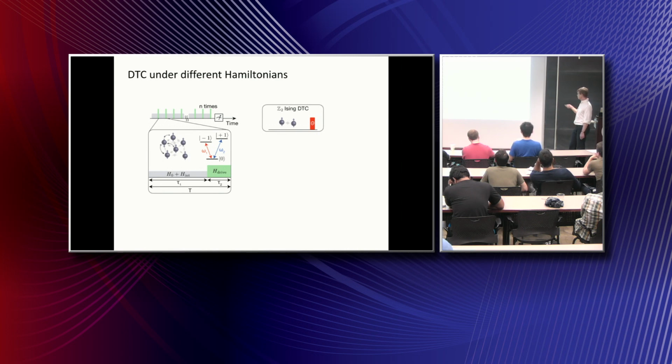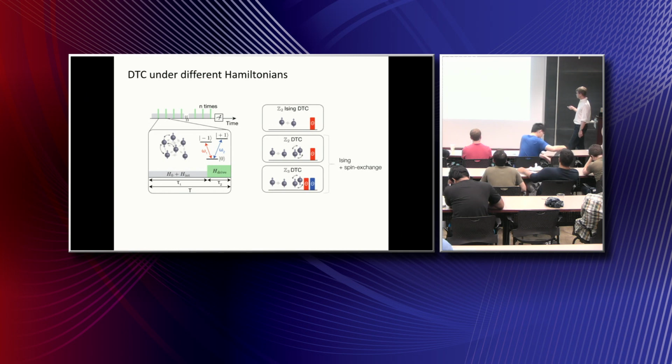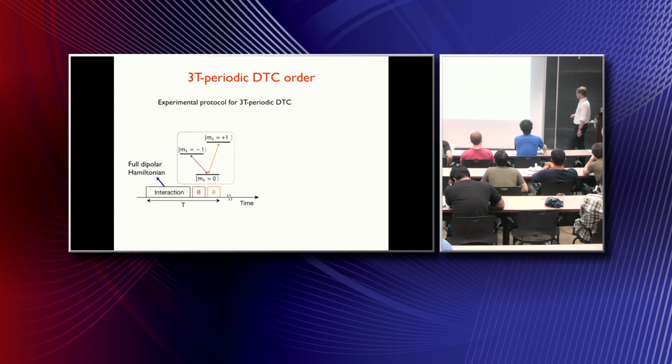What I talked about so far is the so-called Ising discrete time crystals. You can also create a Hamiltonian which doesn't only have an Ising term, but also a spin-flop interaction. You can even extend it to the Z3 order, and we studied this also.